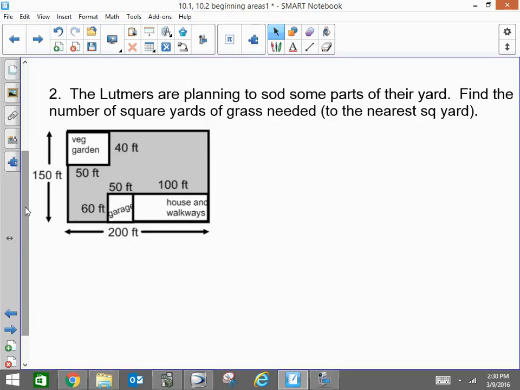Okay? Big yard, huh? Okay, ready? And when you're finished and you're feeling confident, let me know. This one's kind of tricky. There's one little trick.